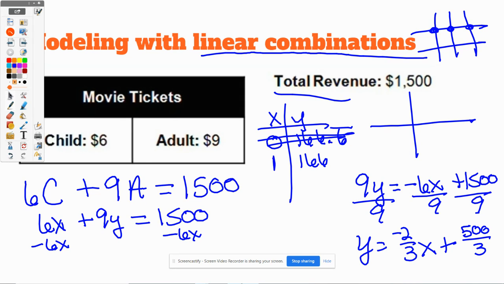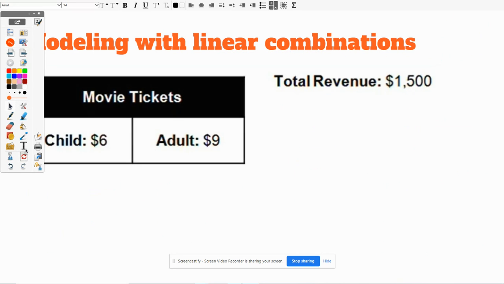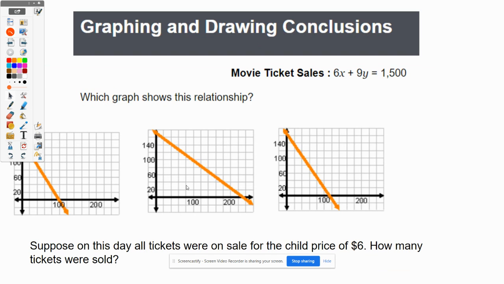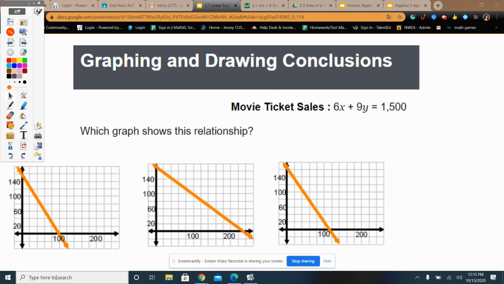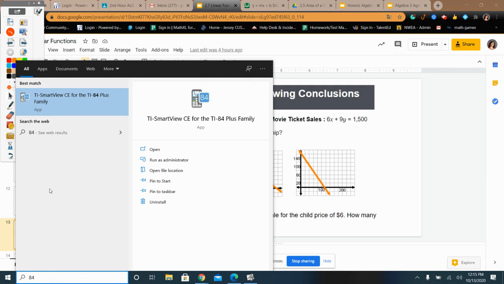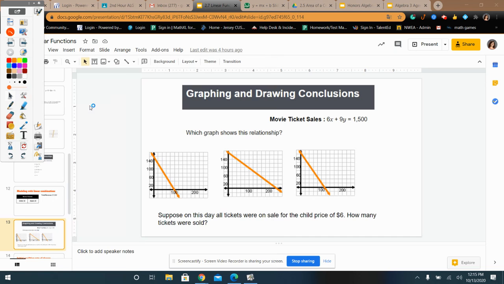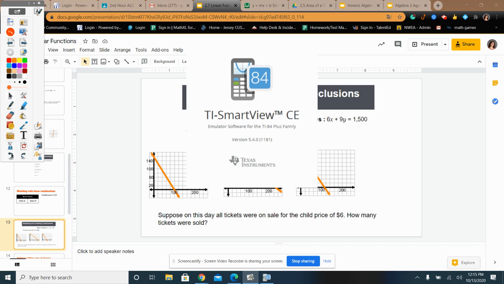So I'm going to actually go ahead and show you how to use your table for this. I escape out of here maybe. It's loading up here.